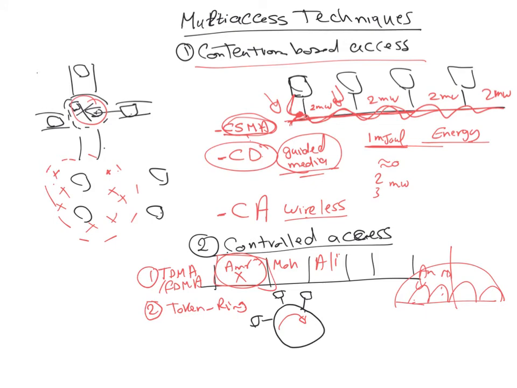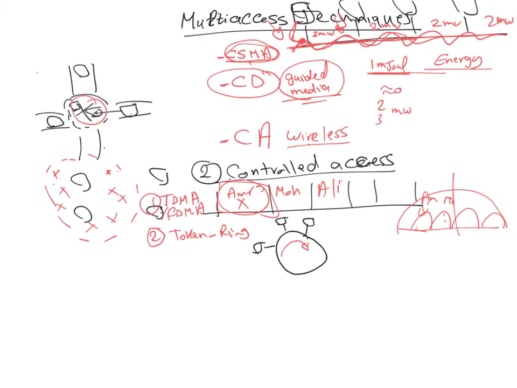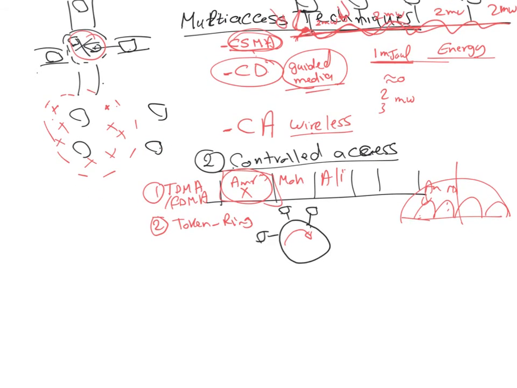All right, so that's good. These techniques, contention-based access and controlled access, are for multi-access, where you have multiple nodes sharing the same medium. Now, there is a different class of access methods, which is what we call point-to-point.